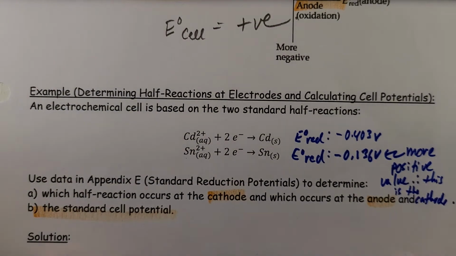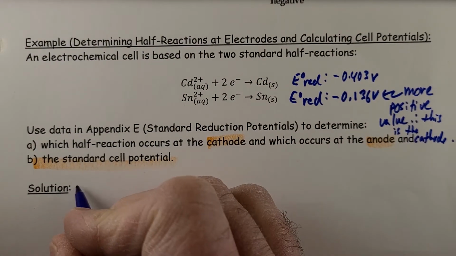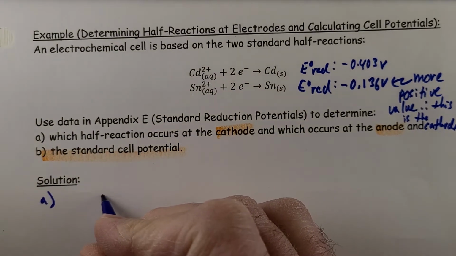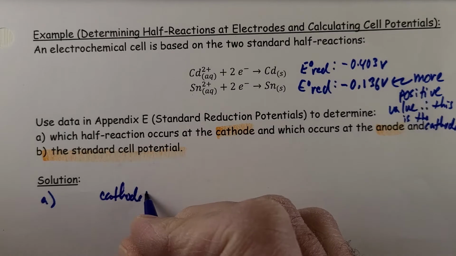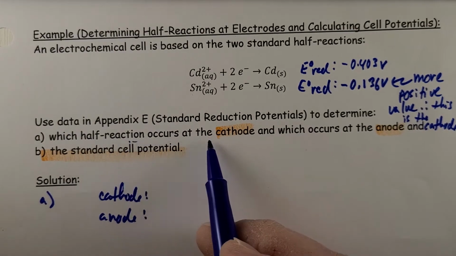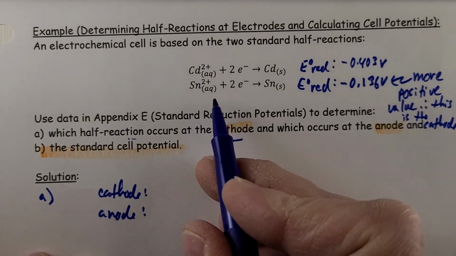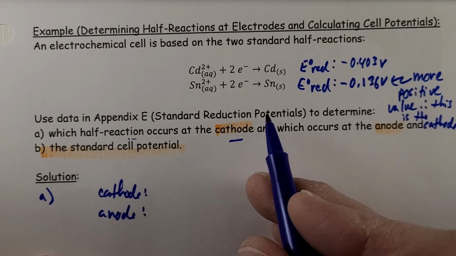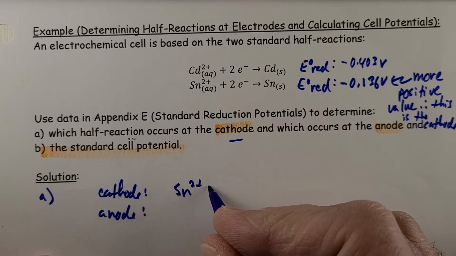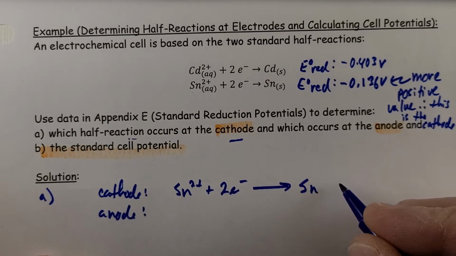Now I'm going to set up the reaction how it's supposed to be. So let's take a look here. We'll call this A, what we're doing here. We'll write down the cathode reaction and the anode reaction, because it says what half reaction occurs at the cathode and which one's at the anode, so we should mention which is which. The tin is at the cathode, so it's set up exactly like this. It's going to take in those 2 electrons to become this.